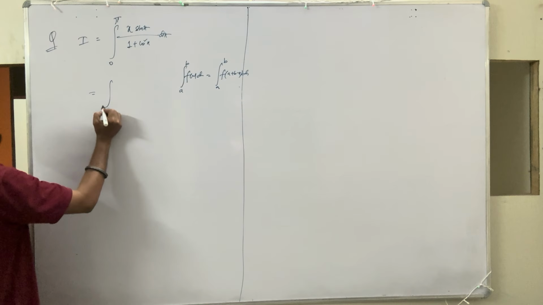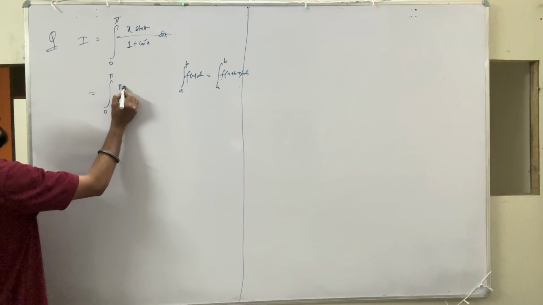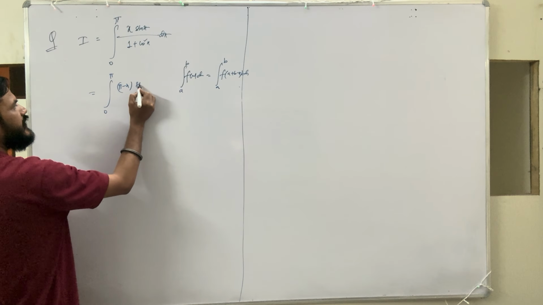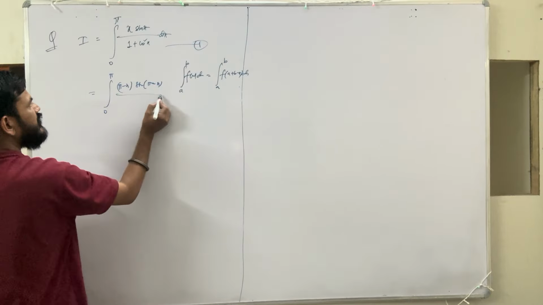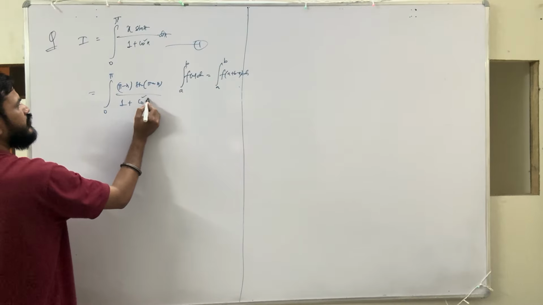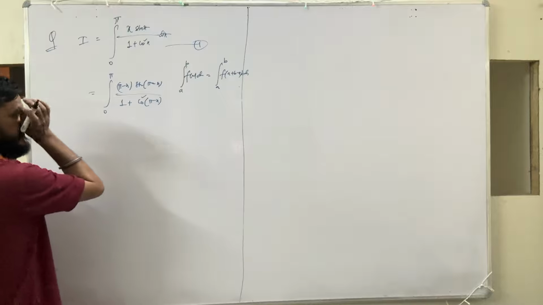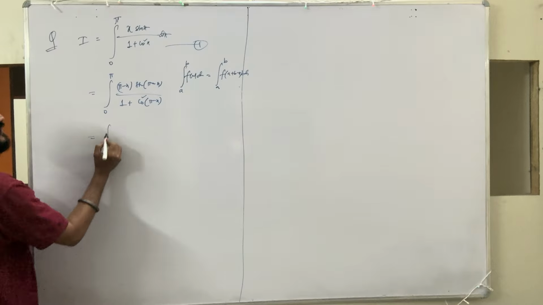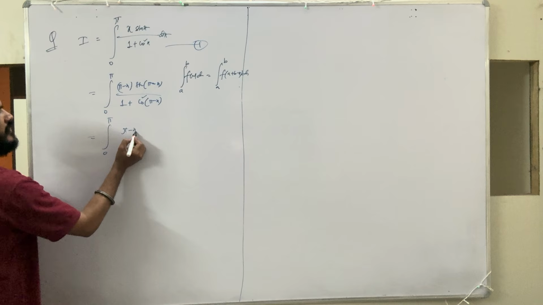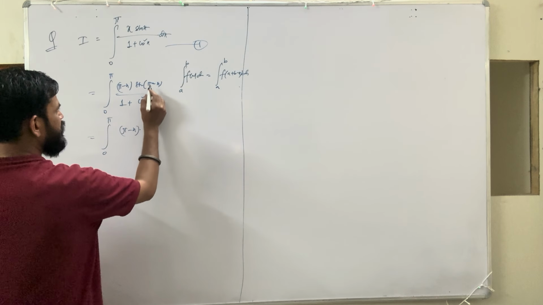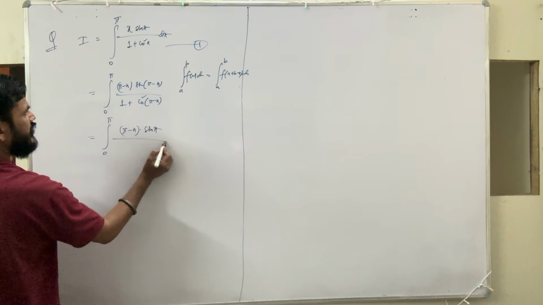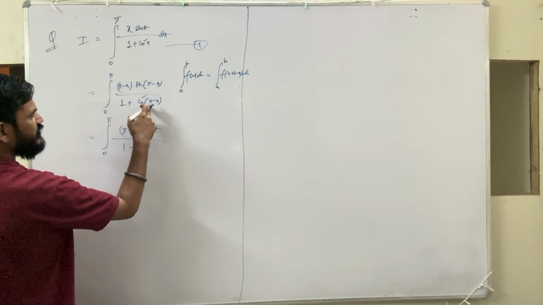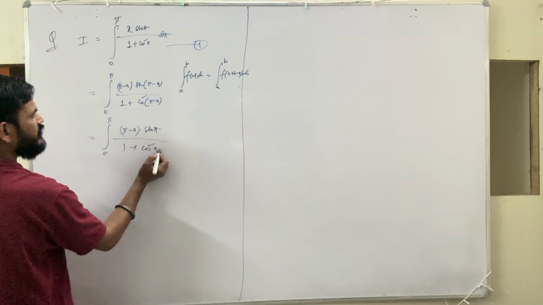So this can be integral 0 to pi of (pi minus x) sine of (pi minus x), let it be equation 1, by 1 plus cos square (pi minus x). So it becomes 0 to pi (pi minus x), sin (pi minus x) will be sin x, and then 1 plus cos (pi minus x) will be negative of cos x, but then it will be cos square x dx.